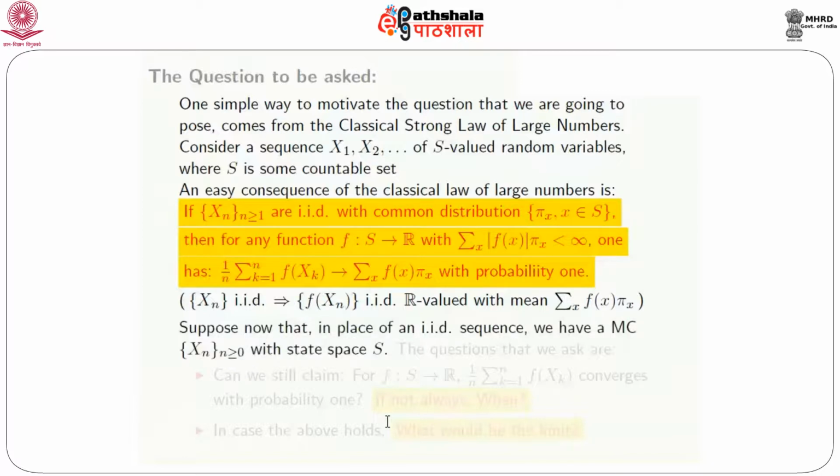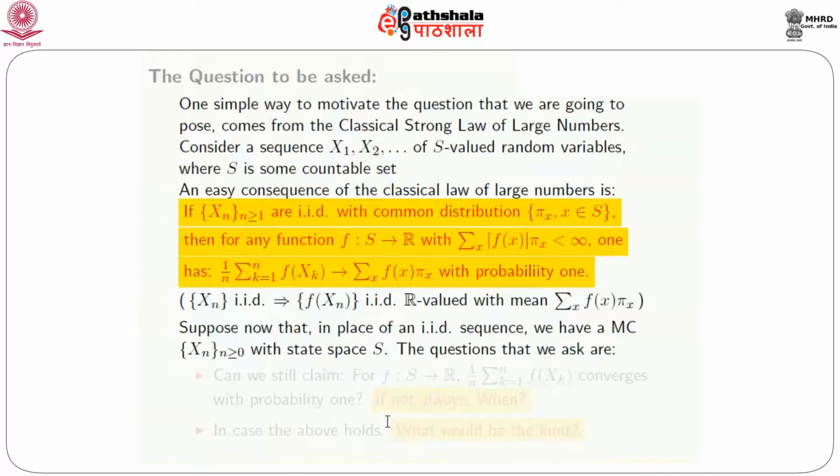So now I come to the question. Suppose that in place of an IID sequence of S-valued random variables, I have a Markov chain Xn indexed by n equal to 0 onwards with state space S. So these are also S-valued random variables, but no longer an IID sequence. This is a Markov chain. But the question that we're going to pose will be the same.